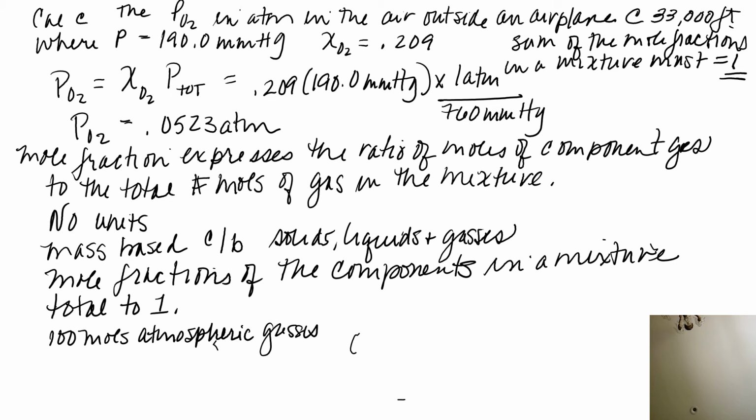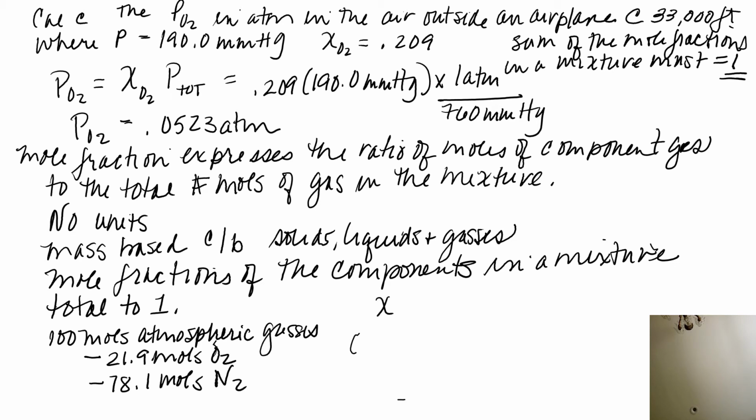And within that 100 moles, 21.9 moles are molecular oxygen, and 78.1 moles are molecular nitrogen. What are the mole fractions of O2 and N2 in the atmosphere?